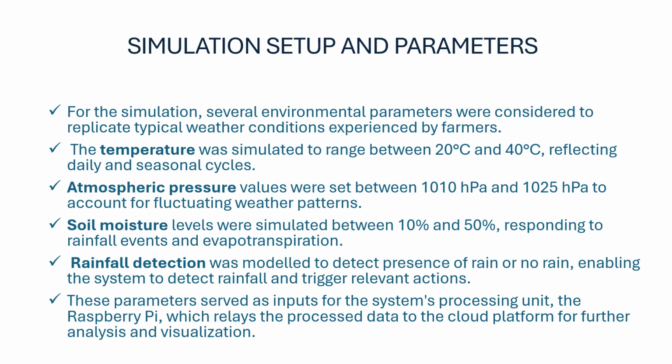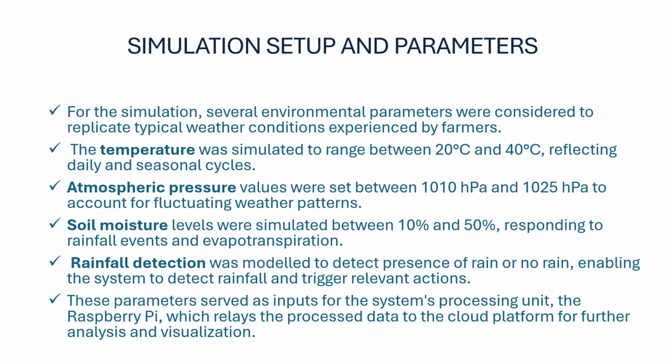This video is based on research article number 2, that is IoT enabled smart agriculture system, its simulation setup and parameters. Yesterday we discussed the simulation model and software and hardware tools.